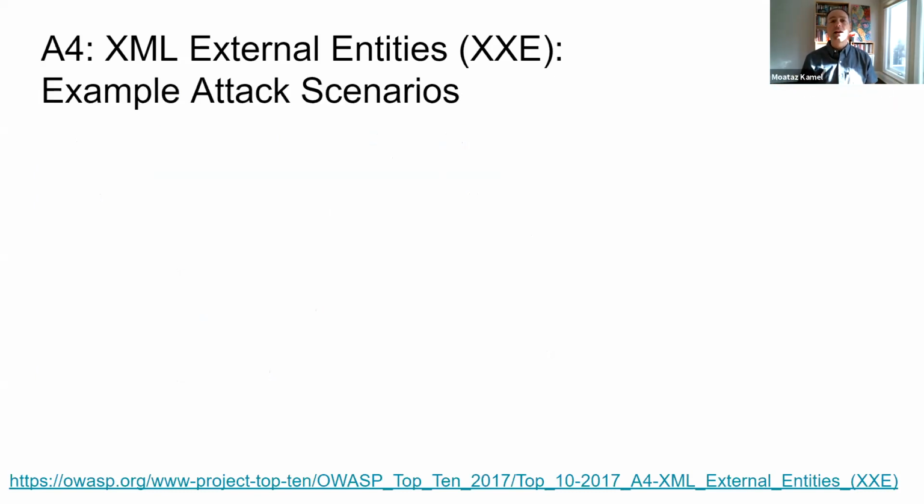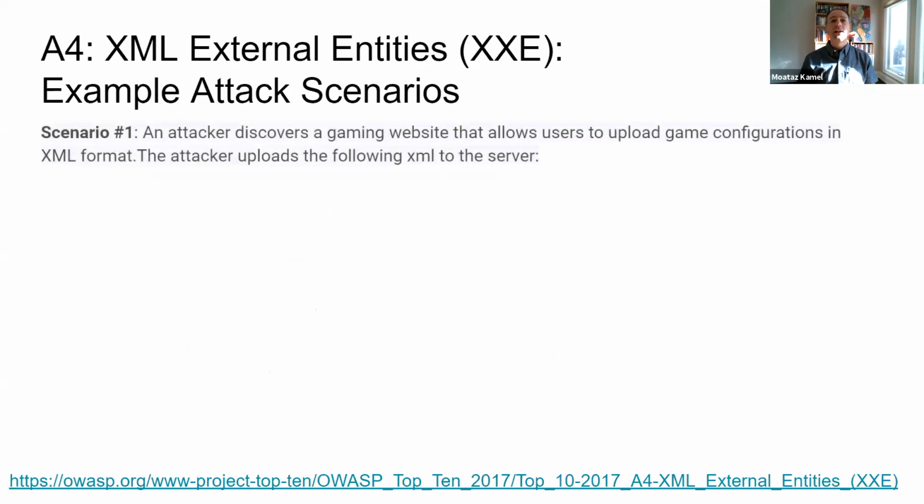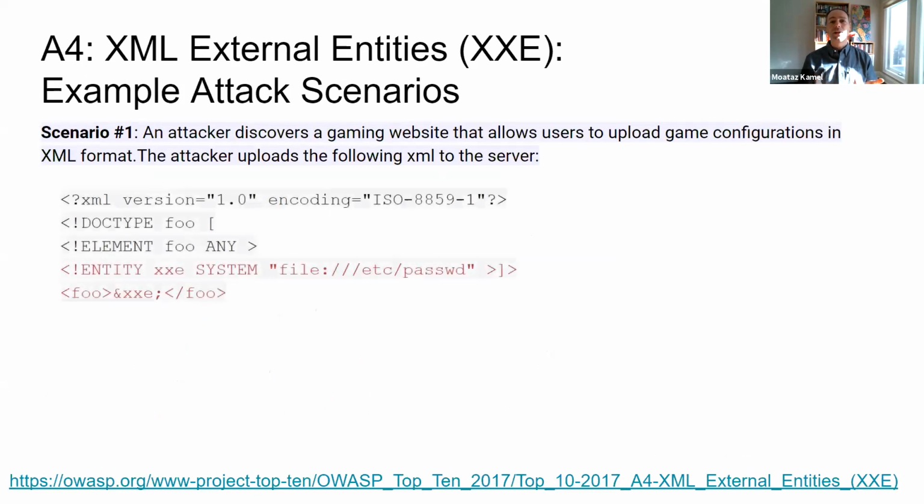So let's take a look at how this works. Let's say an attacker discovers a gaming website that allows a user to upload game configurations in XML format. So the attacker uploads the following to the XML server. As you can see, this XML document has an external entity here.